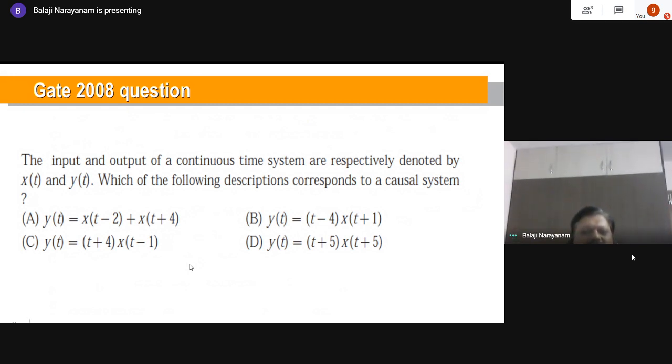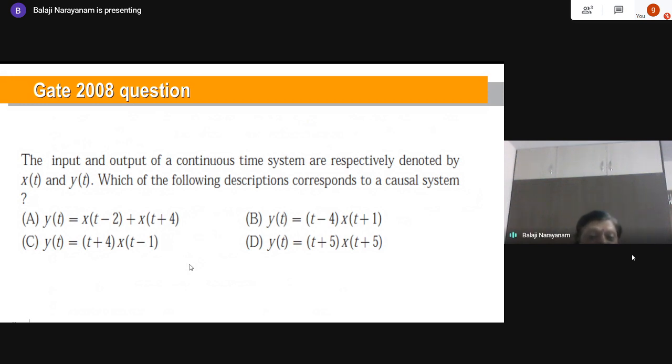Just by a quick look, you may identify that option C is causal, because out of all the 4, in option C our output does not depend on the future input values, and hence you may quickly conclude that option C is correct, which is a causal system in which the output does not depend on the future input values.